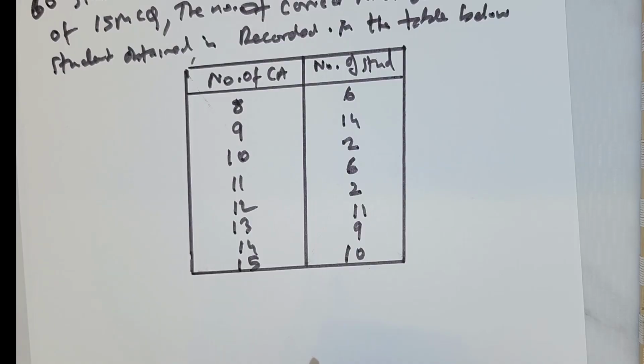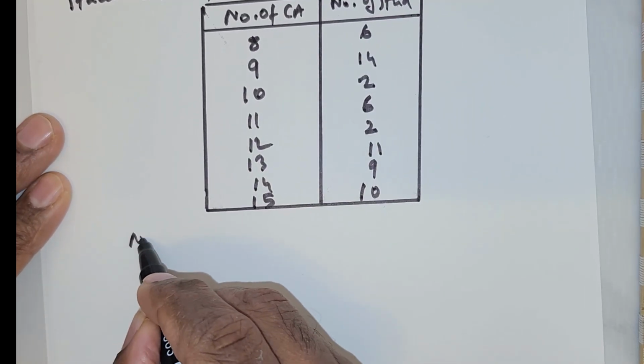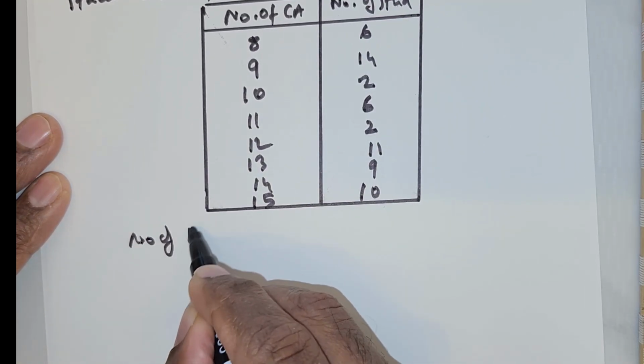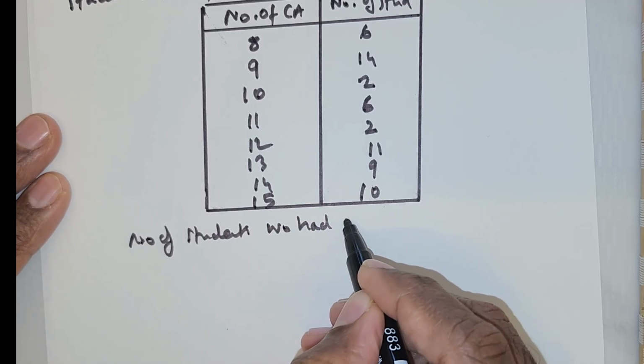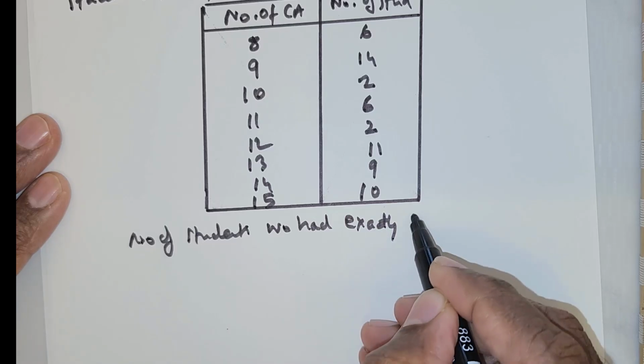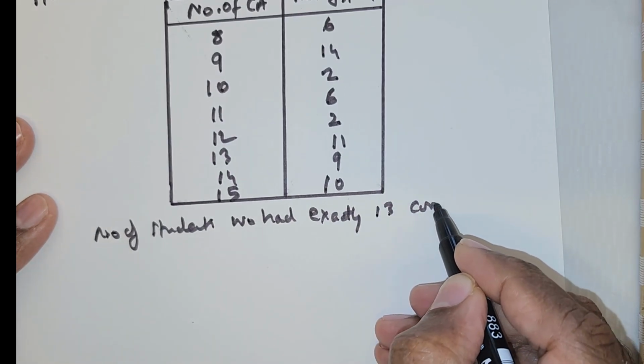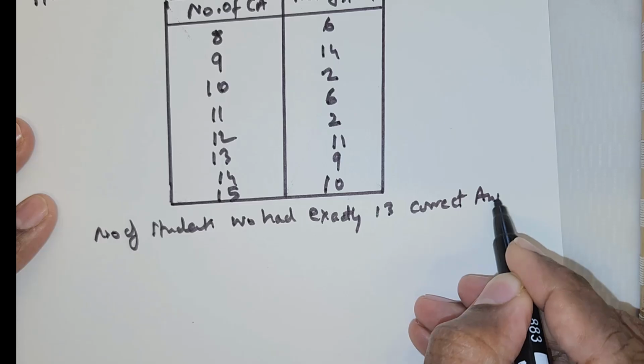Okay. Now, the number of students who had exactly 13, that's the first question. First question is what? Number of students who had exactly 13 correct answers.